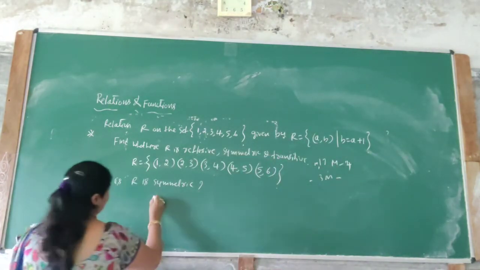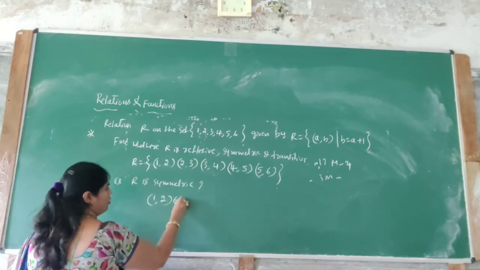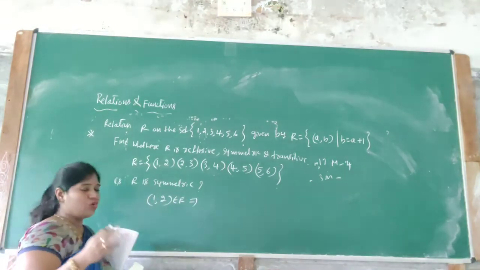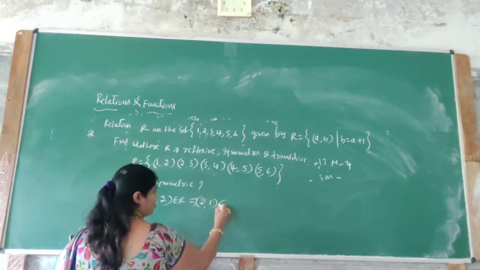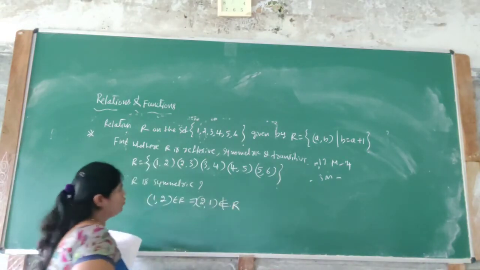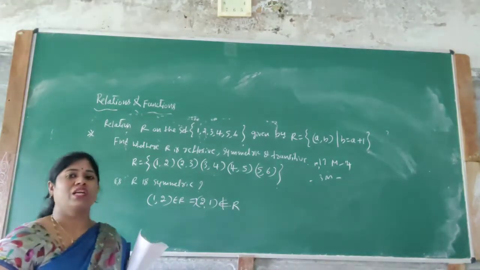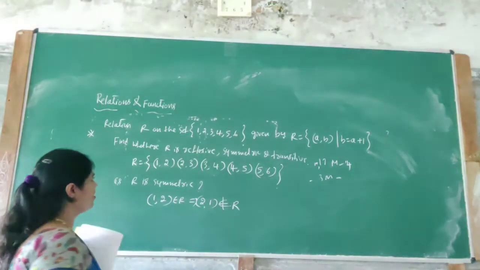So if (1, 2) belongs to R, then (2, 1) should also belong to R. Here is there any (2, 1)? No, there is no (2, 1) in the set R. Therefore, it is not symmetric.